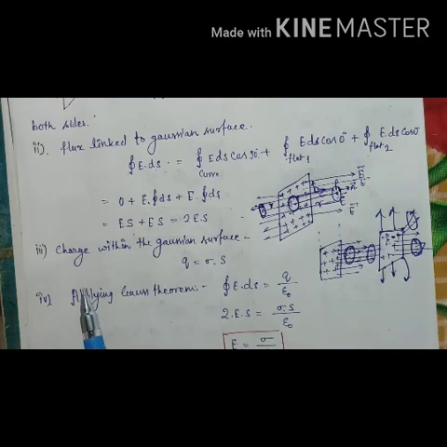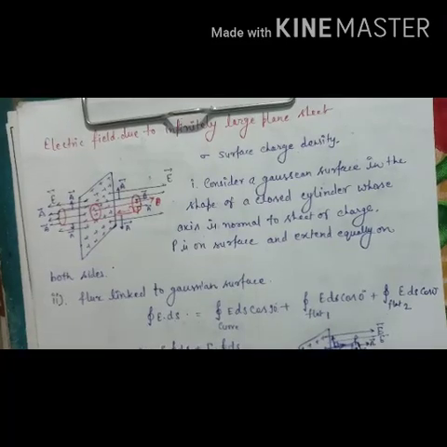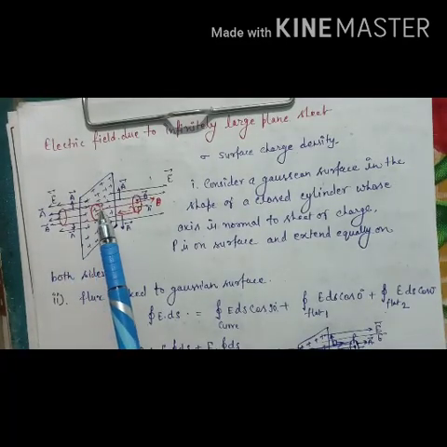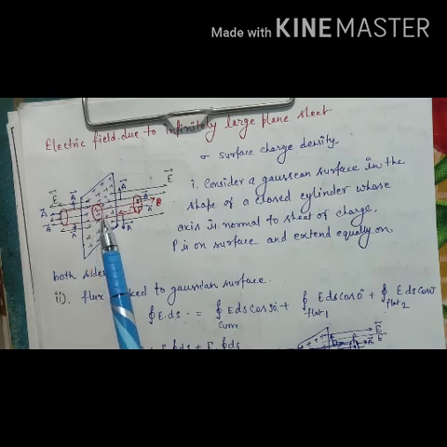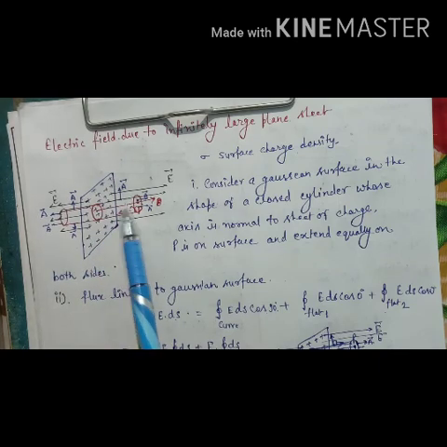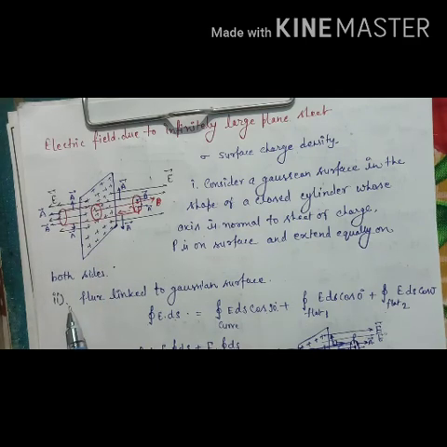Now the third step is we find the charge inside the Gaussian surface. How much is the charge inside the Gaussian surface? There will be no charge outside, only for that surface. We find the charge which is inside the Gaussian surface.